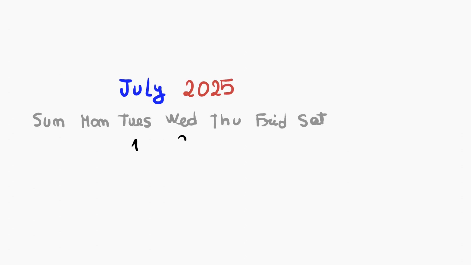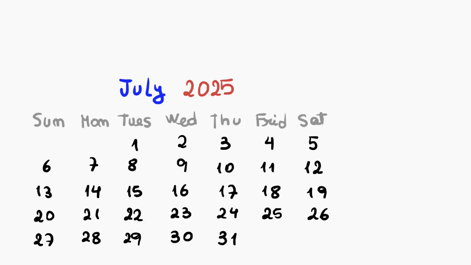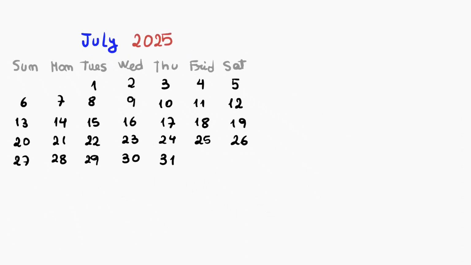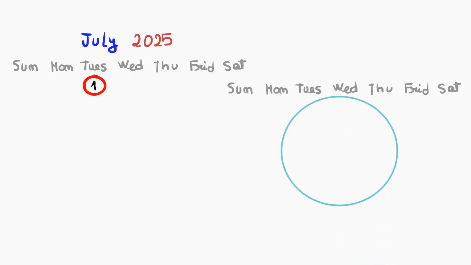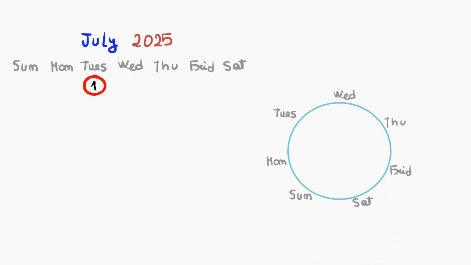Let's start by taking any month and year. For example, July 2025. We see that July 1st is a Tuesday. We will prove that knowing this information, it is possible to know the day of the week for any other day of the month. To do this, let's take the days of the week and place them on the perimeter of a circle in clockwise order.